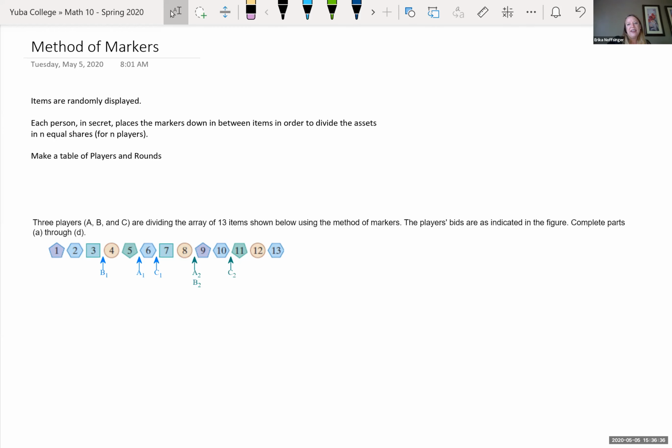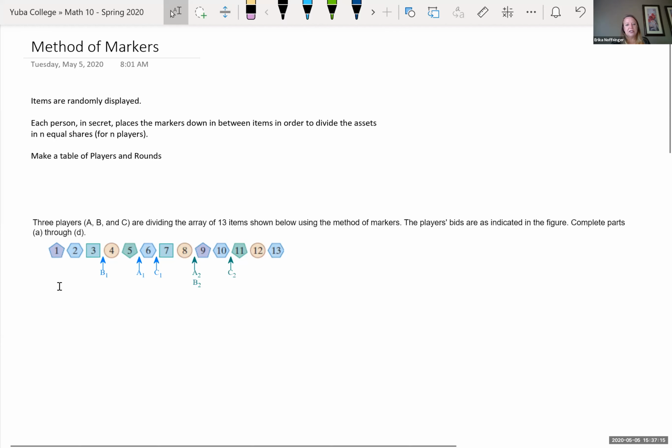Every player looks at the array of assets and, without telling anybody else, decides where they would place a marker, some chip that marks what would be a fair share: from the first item through this item, this to me would be a fair share, and from that last item to the next item or items, this would be a fair share. They do this privately, and then put down what they had chosen.